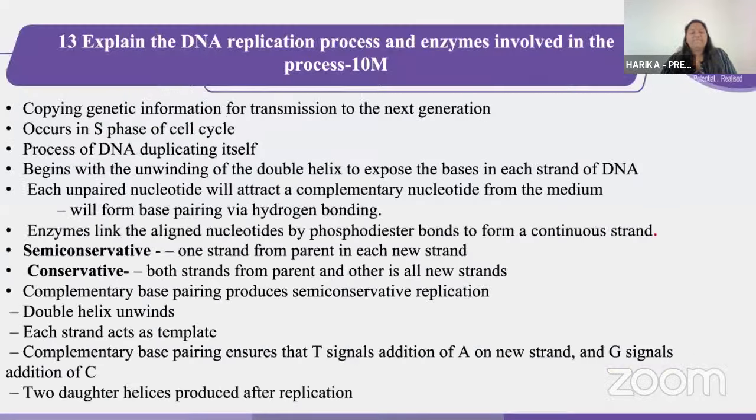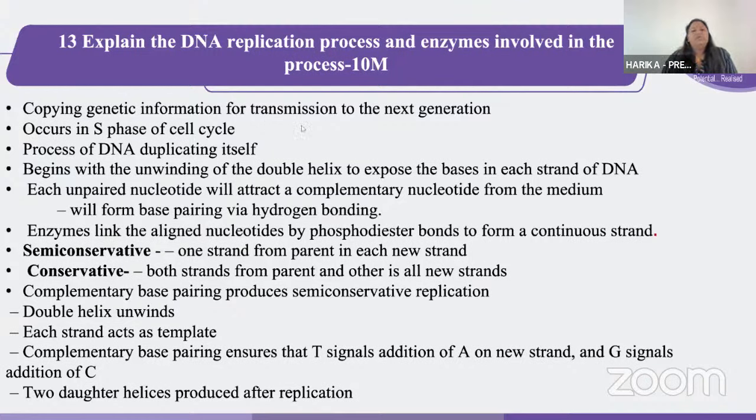Okay. Next question. Explain the DNA replication process and the enzymes involved in the process. So what is the DNA replication process? Replication means nothing but duplication or multiplying. So the DNA gets multiplied.